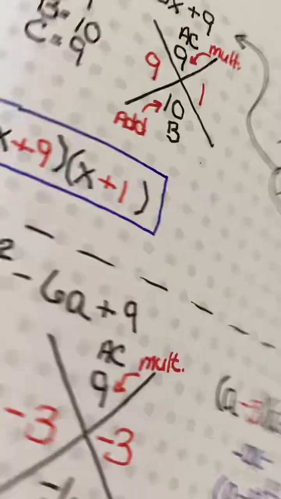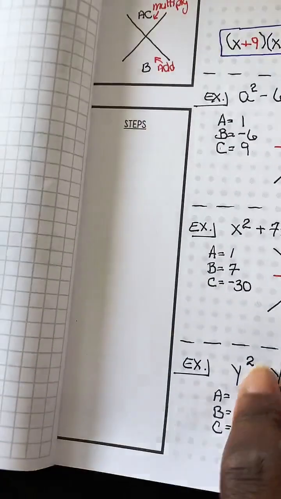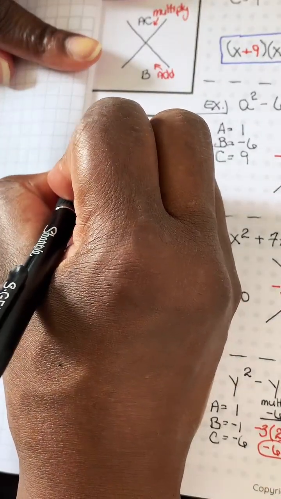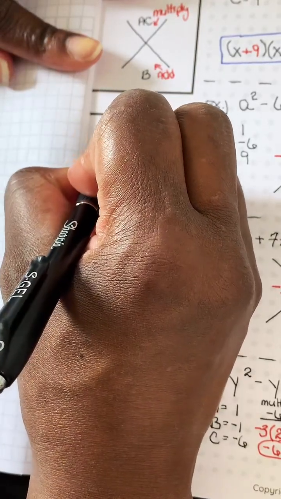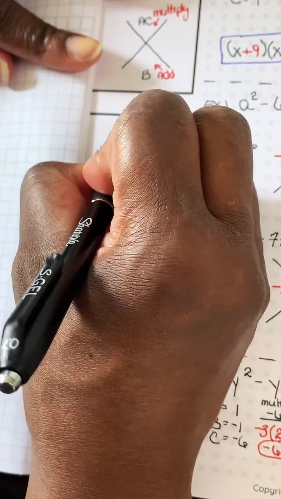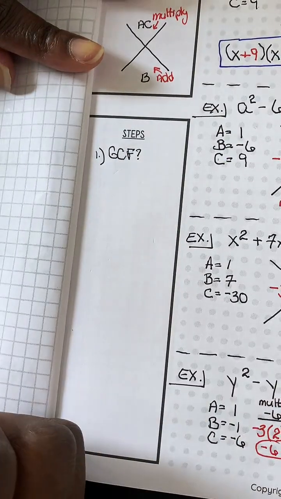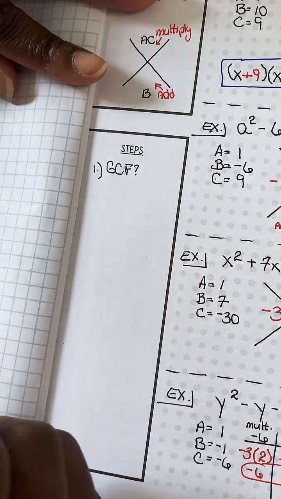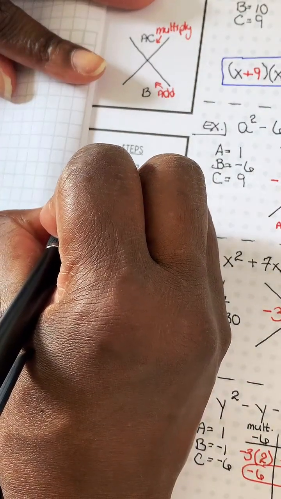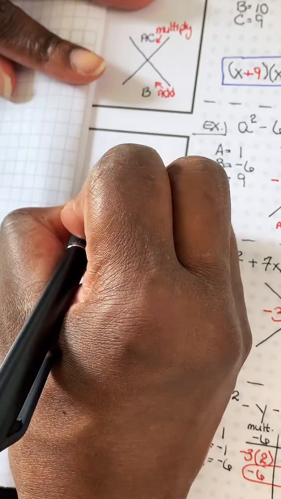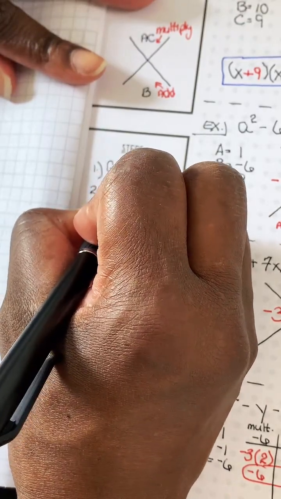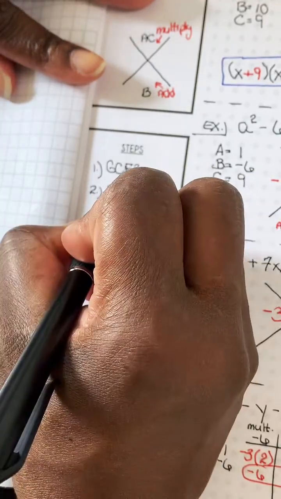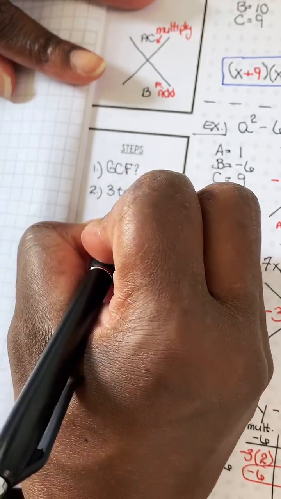All right, so if we go through the steps, step 1, ask yourself, do you have a GCF? If you do, factor it out and then divide it by the original so you can get the parentheses. Next, if you have 3 terms, try to do the AC method.